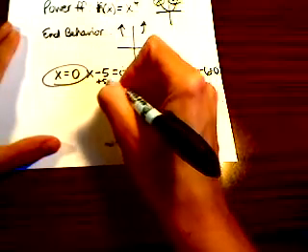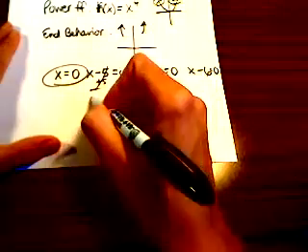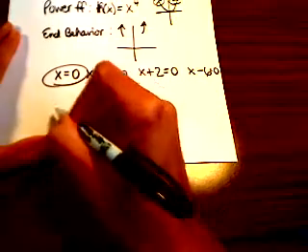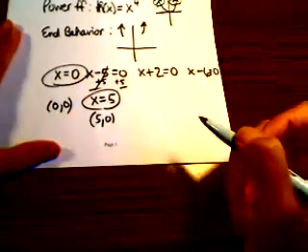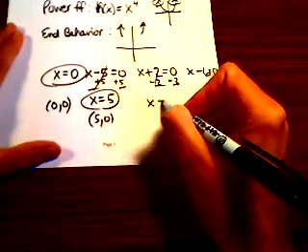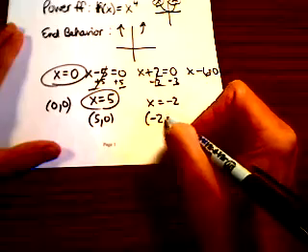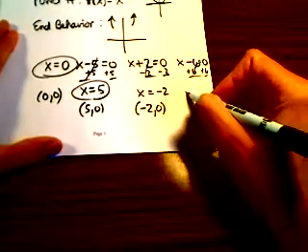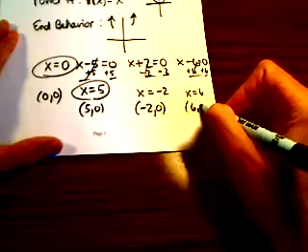Add 5 here, and we're going to have an x-intercept at (5, 0). Subtract 2 here, and you're going to have an x-intercept at (negative 2, 0). And then add 6, and you'll have an x-intercept at (6, 0).